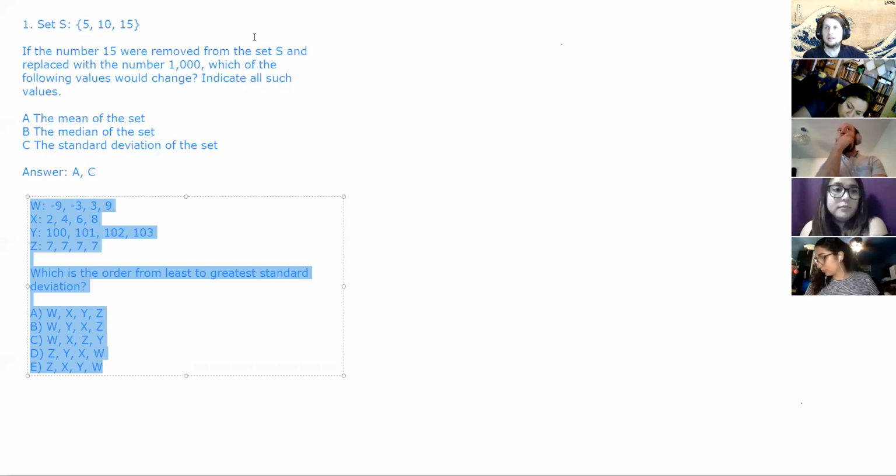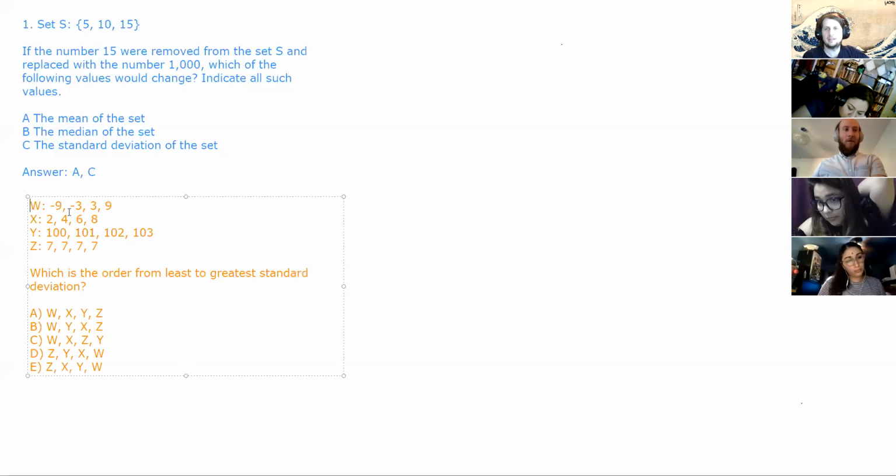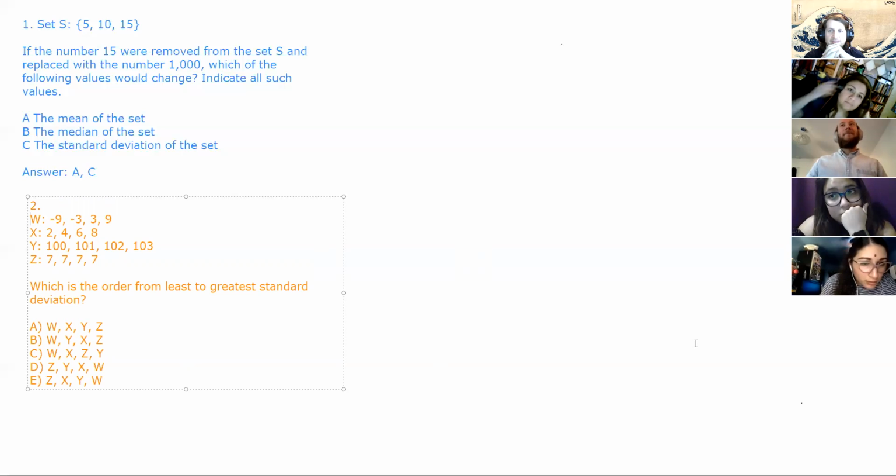I'll make this in a different color so we know it's a different problem. I think it's Z, Y, X, W. I think it's D. Okay, Adeline's saying D. I agree.